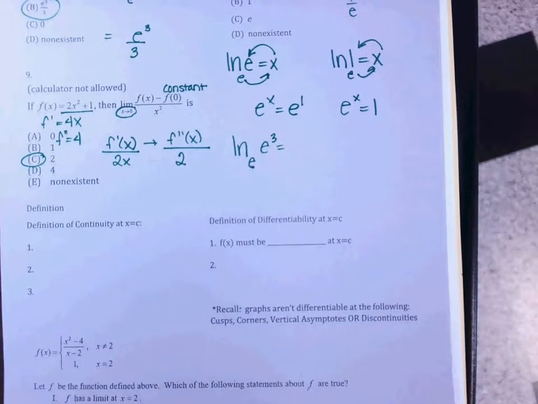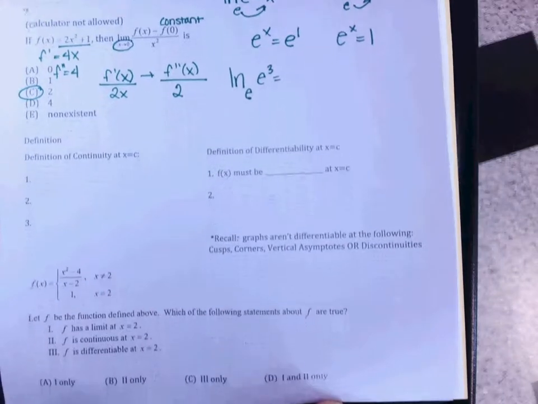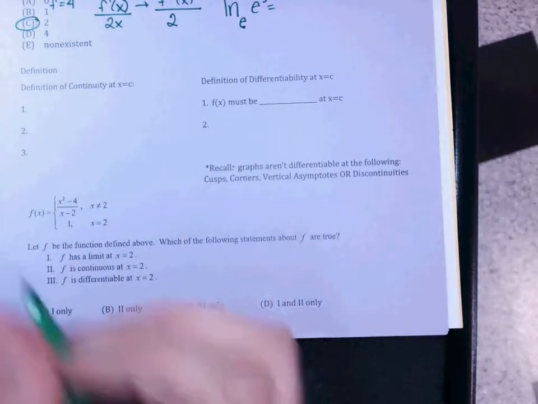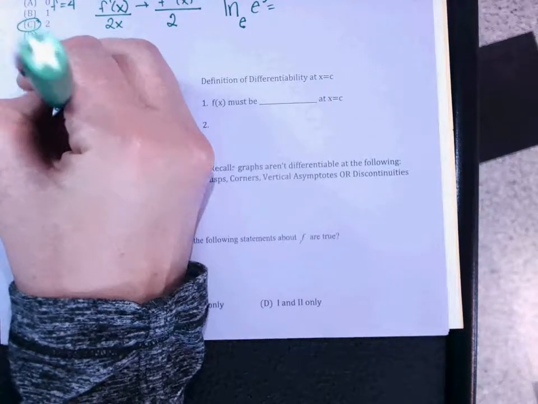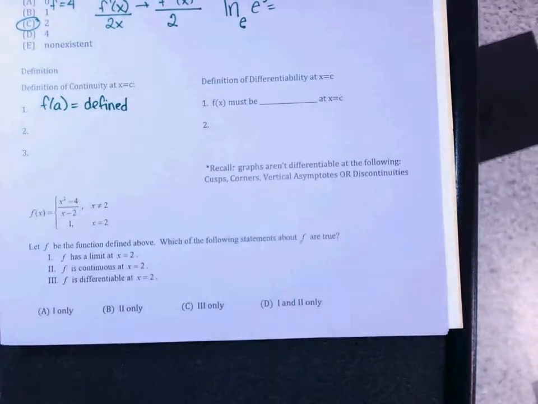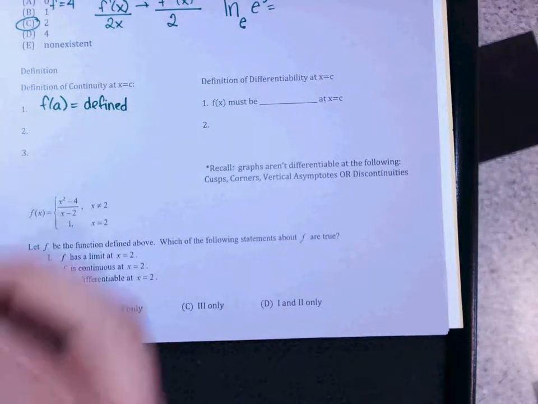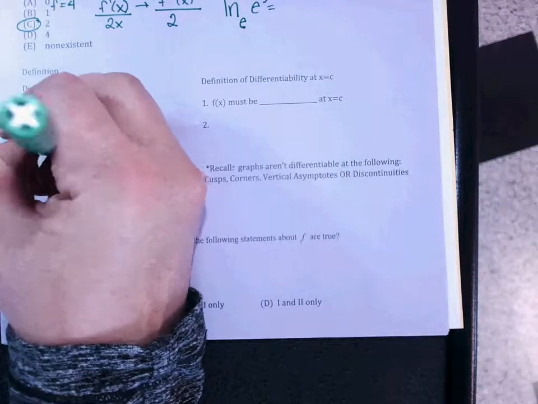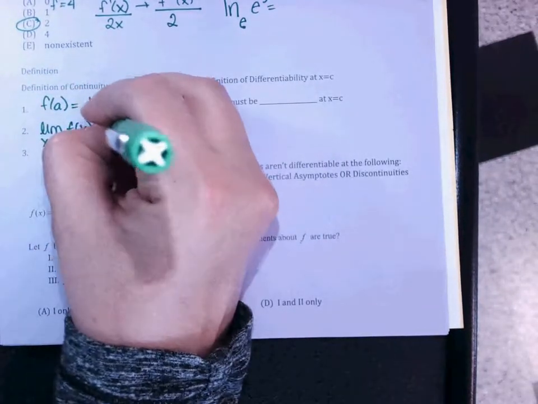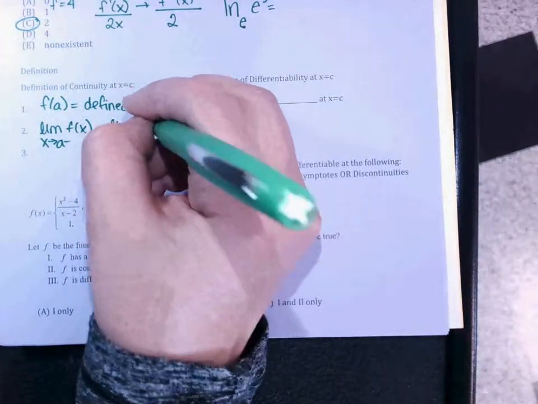Alright, other thing we're going to talk about is continuity and differentiability. First thing for continuity, you have to be able to plug in a, the number that you're talking about. Second thing is that your limit from the left and your limit from the right have to be the same.